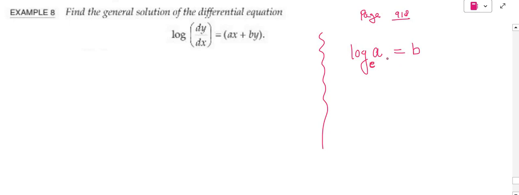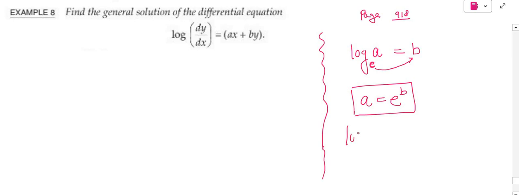So we want to remove log. How to remove it? Whenever log goes to the other side, this e goes in the base and log disappears. So this will be a is equal to e raised to power b. Understood? And log is gone. That's how we write.